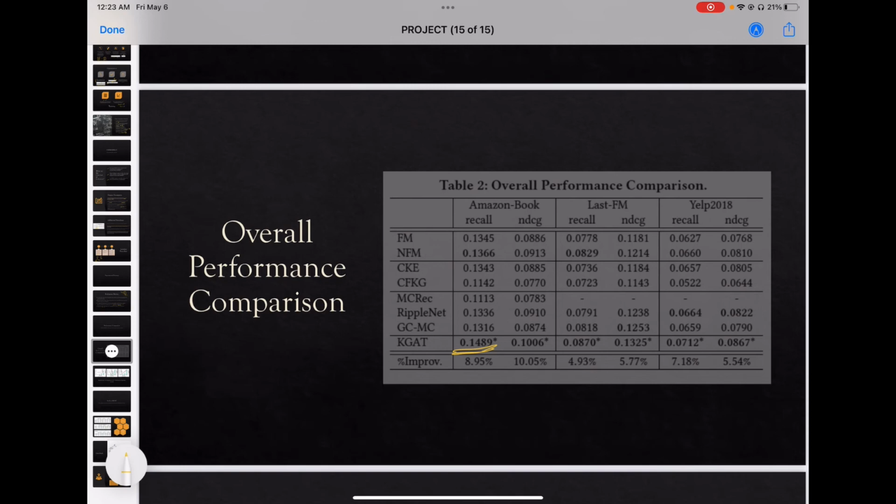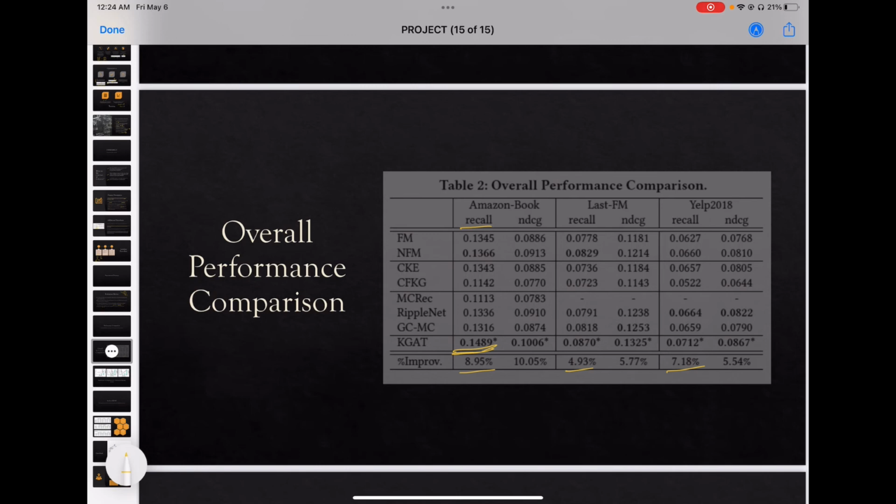KGAT improves over the strongest baselines with respect to recall at 20 by 8.95% in the Amazon book dataset, 4.93% in the Last FM dataset, and 7.18% in the Yelp 2018 dataset.